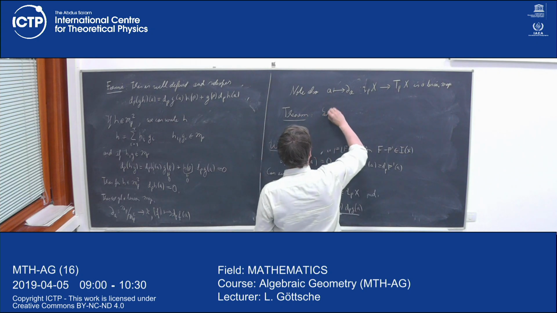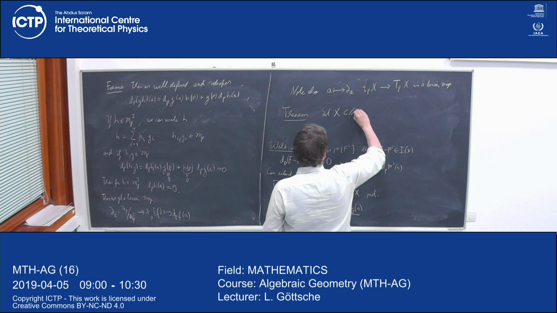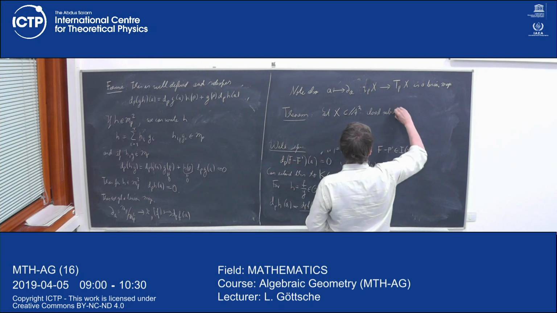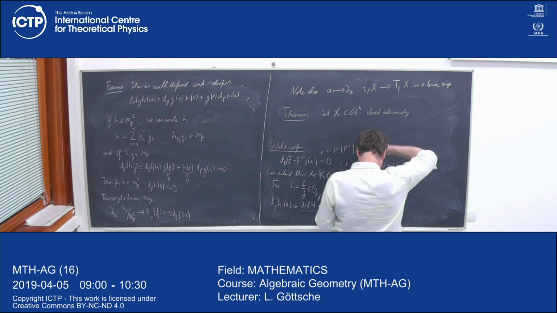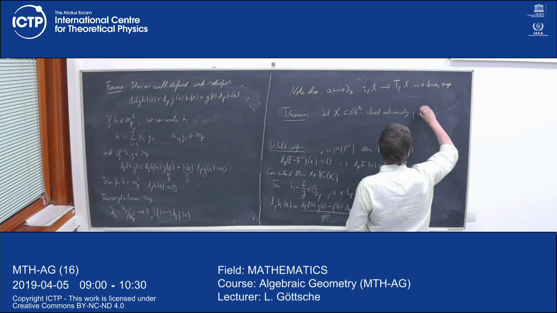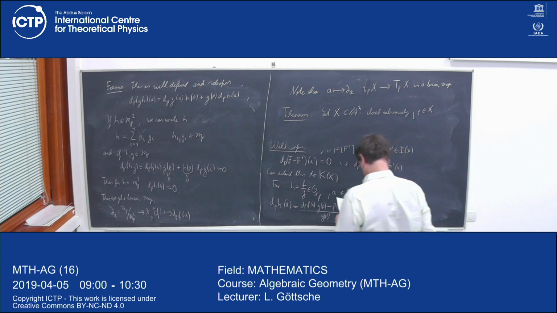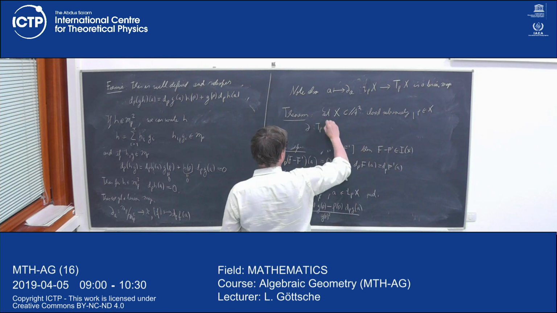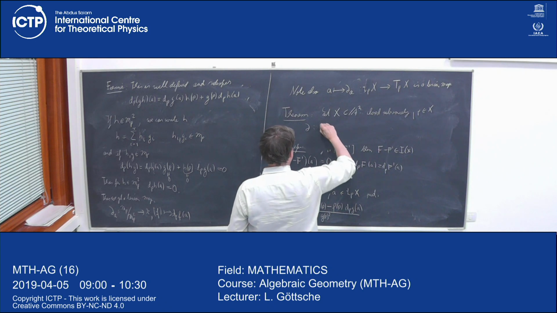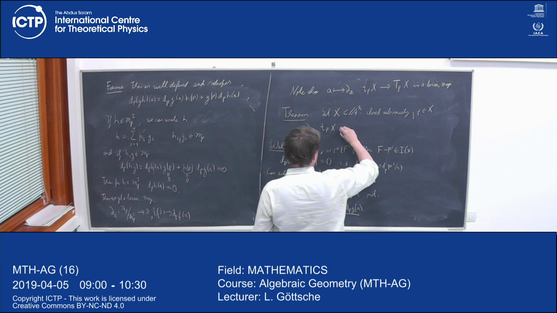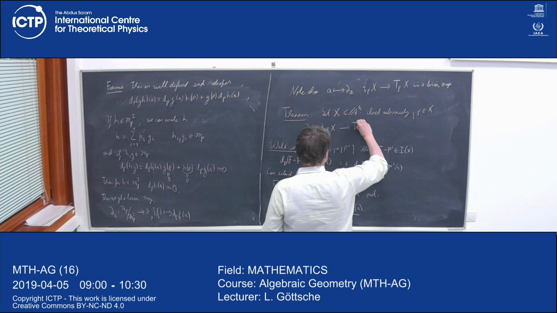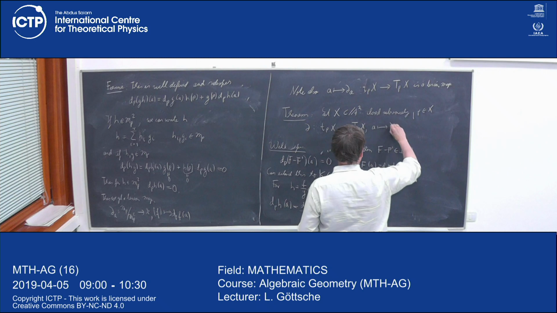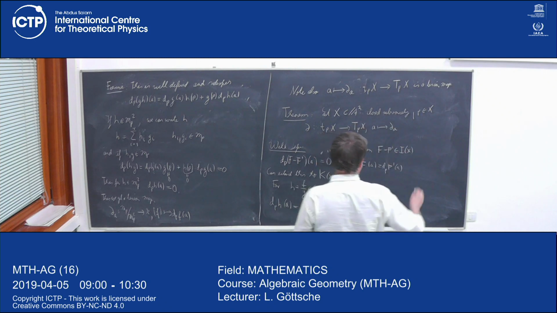So let X in A^n be a closed subvariety and P a point in X. Then this map delta from T_P to T_P X, which sends A to d A, is an isomorphism.